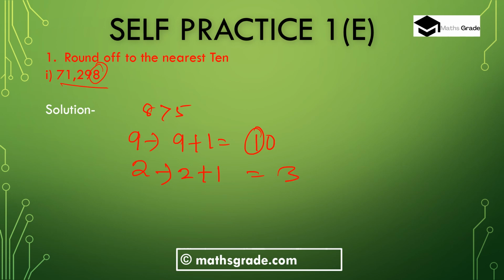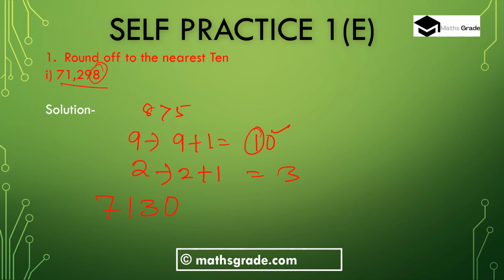So just write down the 10,000 place digit 7 and the 1000 place digit 1 as it is, and this 2 changes to 3, that is 2 plus carryover 1. And this 9 changes to 10, with carryover 1 and 0.